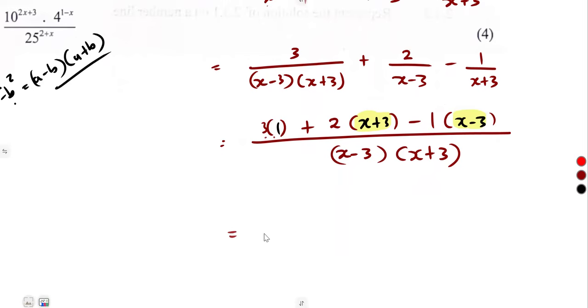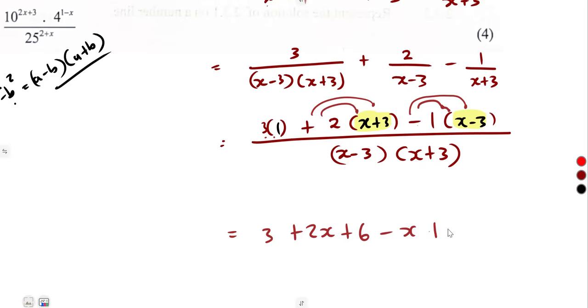3 times 1, that's a 3, plus 2 times x, that's 2x, plus 2 times 3, that's going to be positive 6. All right, negative 1 times x, that's going to be negative x. Negative 1 times negative 3, negative, negative, that's a positive.